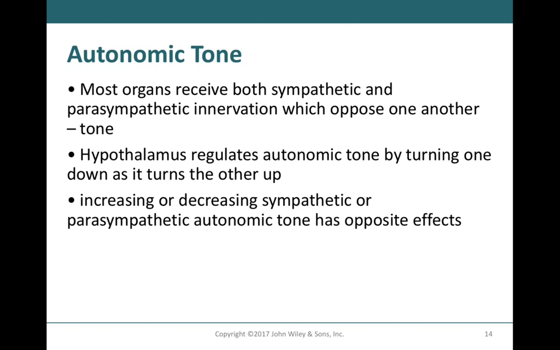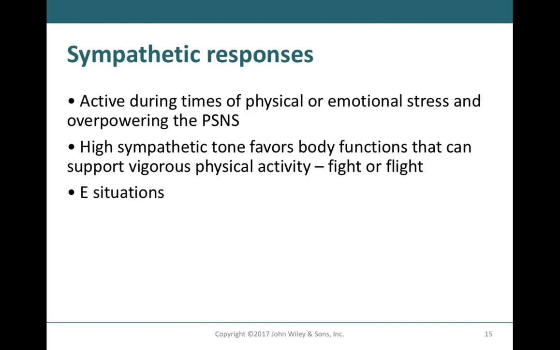It's also very important for you to understand that when sympathetic innervation is decreased, that's going to overall cause a decrease in our body's activity. And when parasympathetic innervation is decreased, that's going to overall increase our body's activity as well. So by simply turning off parasympathetic innervation, that's going to actually increase our overall body's activity. And this is the concept of autonomic tone.